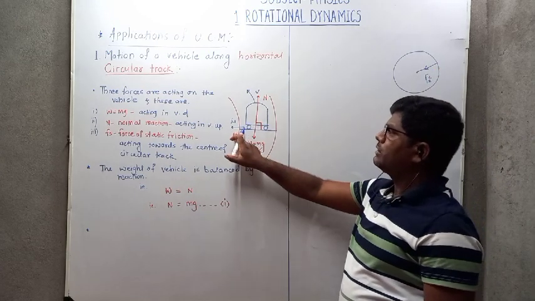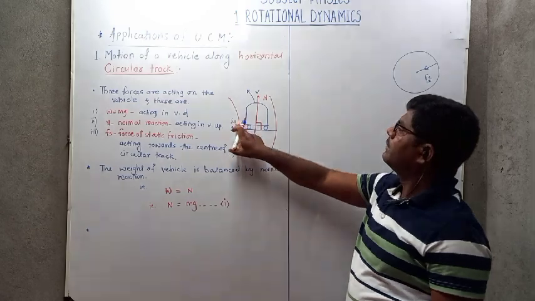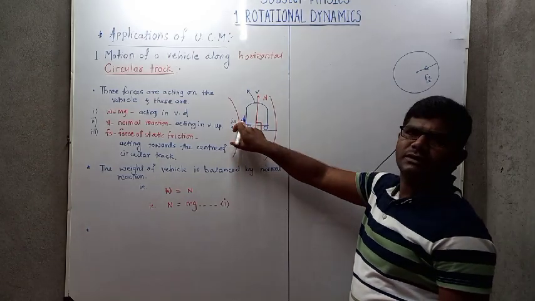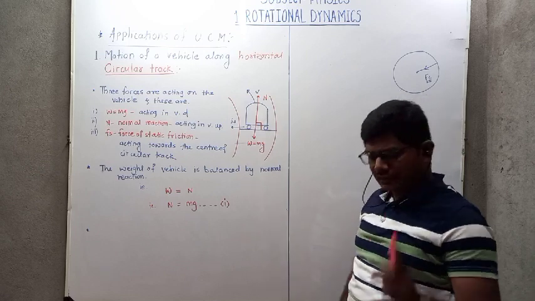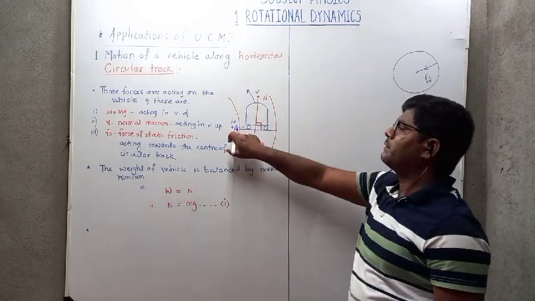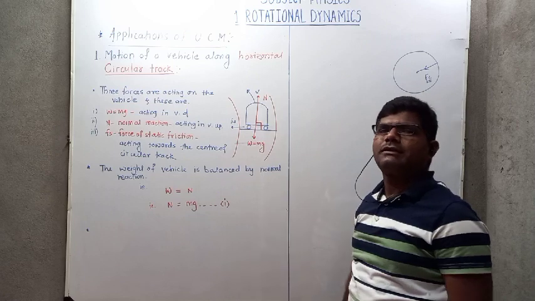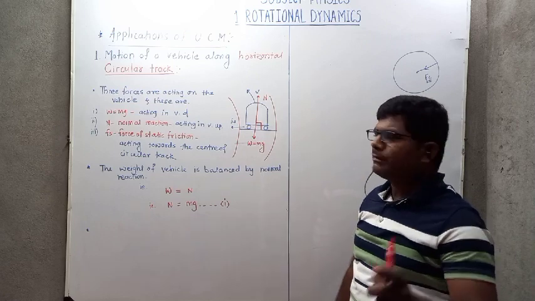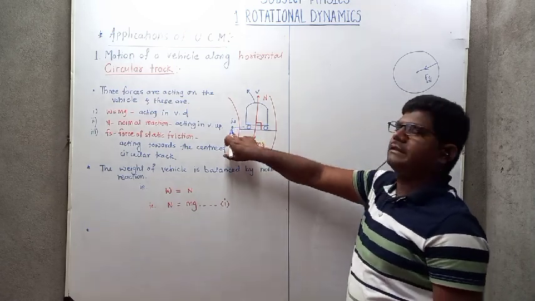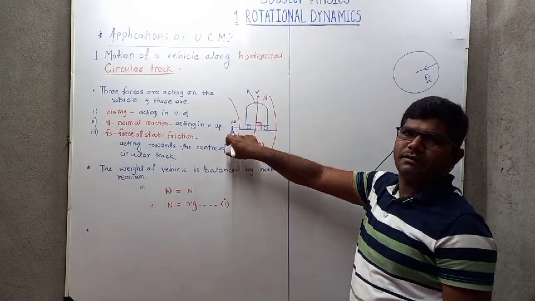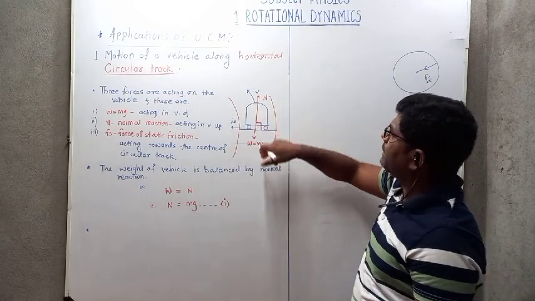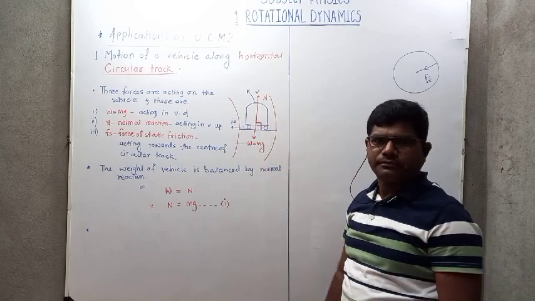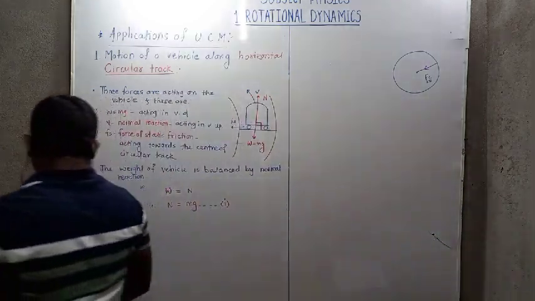Is the direction of the force of static friction towards the center of the circular track? Yes, the direction of Fs is towards the center of the circular track. That means here Fs provides the necessary centripetal force to maintain circular motion.